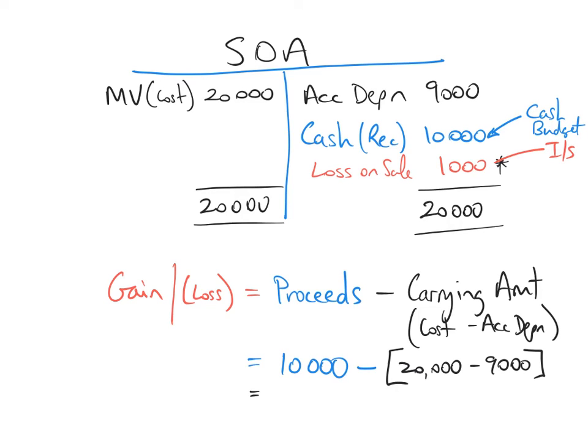So we made a loss on sale of negative $1,000. So you could do that if you like. You could use the formula to work out the gain or loss on sale. But the account is actually easier because sometimes you're given the loss on sale and you've got to work out the cash figure, how much you sold it for.